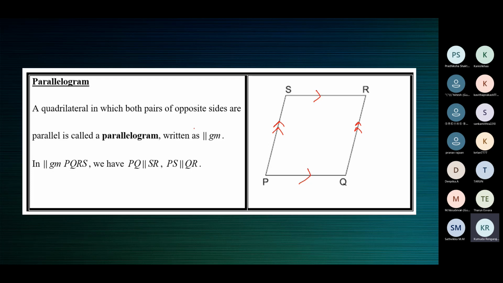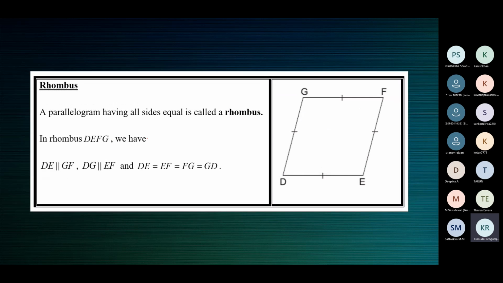A quadrilateral in which both pairs of opposite sides are parallel. Now for a rhombus, a parallelogram in which all sides are equal is a rhombus. So if you have to prove that a quadrilateral is a rhombus, you must first prove it's a parallelogram, and in the parallelogram, you must prove that all the sides are equal. So it is a rhombus.